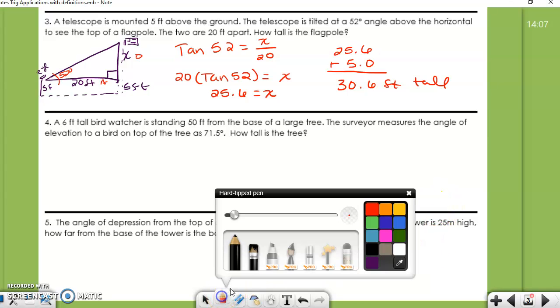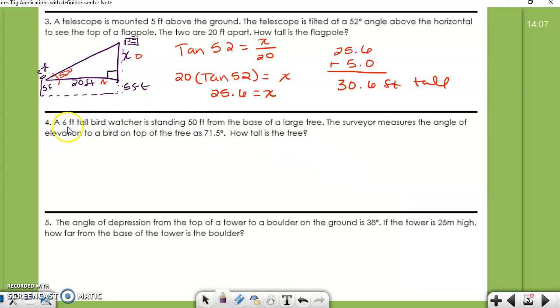Okay, let's look at another one like that. A 6-foot-tall bird watcher. So the person is 6 feet tall. We know this is 6 feet. Okay, bird watcher is standing 50 feet from the base of a large tree, so we're going to have some sort of a tree.